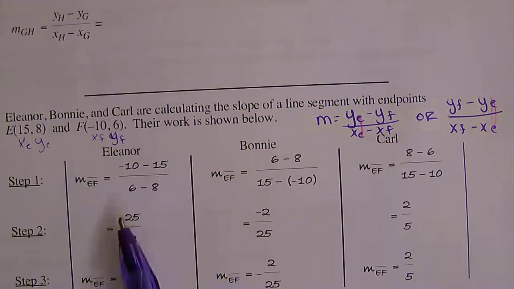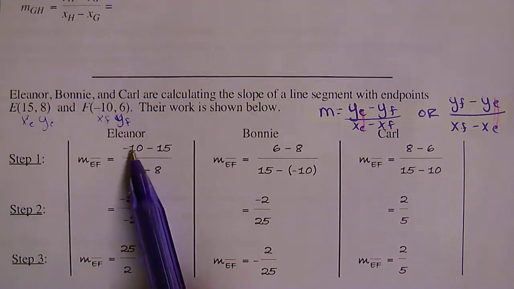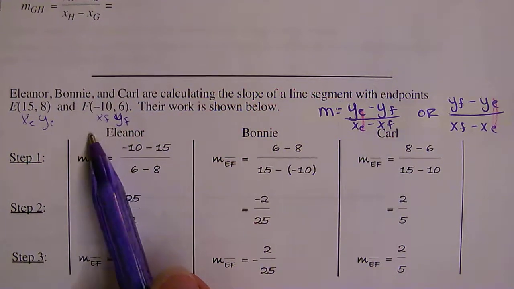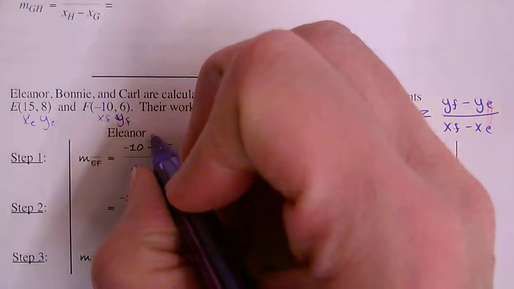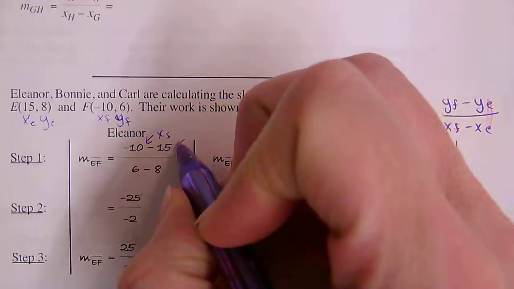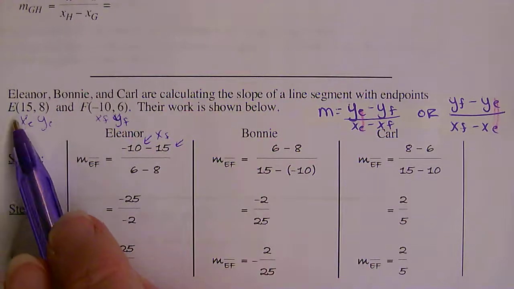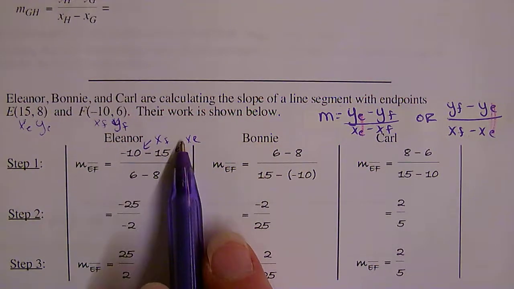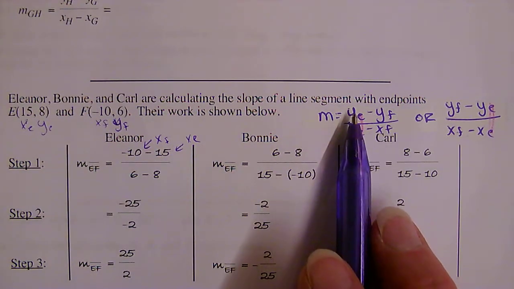Let's see what Eleanor did. We've got negative 10, so that's xf, and then subtract 15. 15 is xe. So what she did, she put the x's on top.